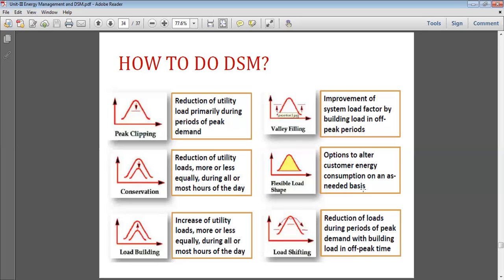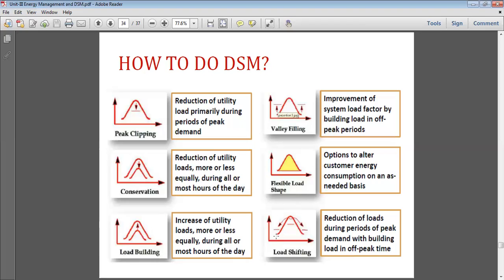This is the flexible load where we can shift to the off peak period, isn't it? Or we can utilize it another way. So by doing such flexible load shape, some of the load is flexible in shape, that is, flexible in use.